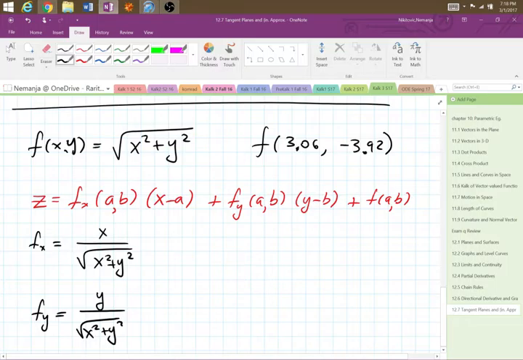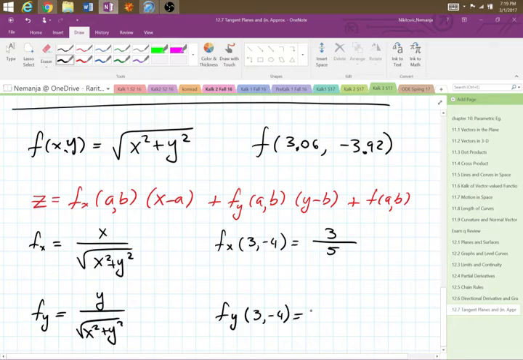So we are going to find the tangent plane at (3, -4), and we're going to compute our actual numbers in the tangent plane. So the tangent plane, I need to find f_x at (3, -4), which is 3 divided by the square root of 9 plus 16, so 3/5. And f_y at (3, -4) is -4/5.